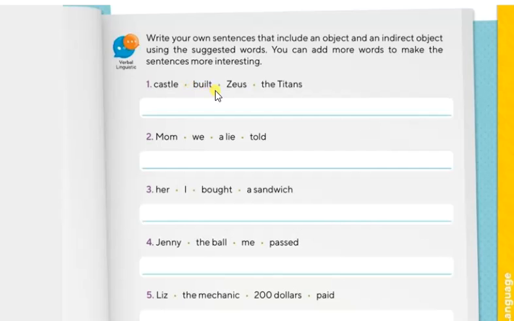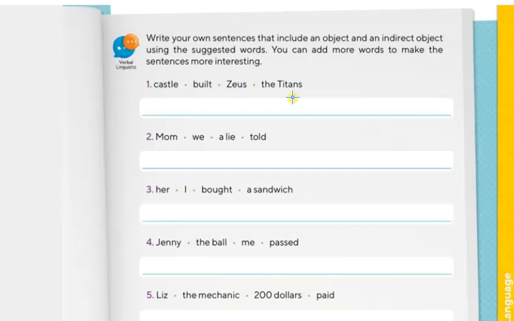Of course, you are going to use an indirect object and an object, but you have to add more information to make these sentences more interesting. I will help you one more time. I will help you with the first one, and the others you have to complete them, okay?